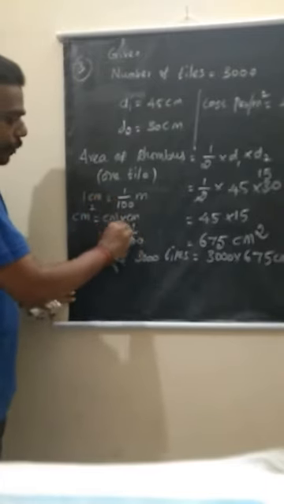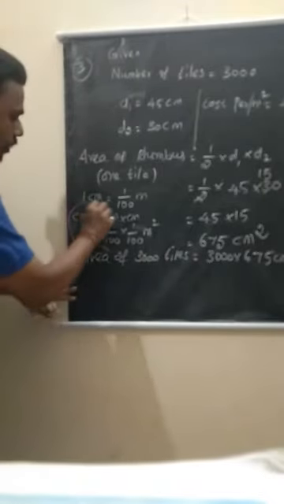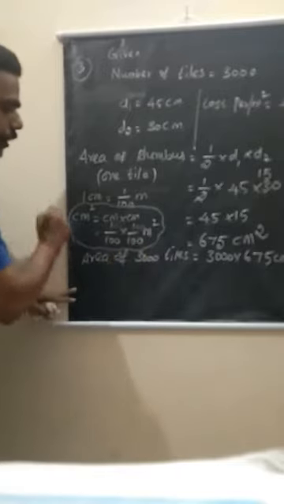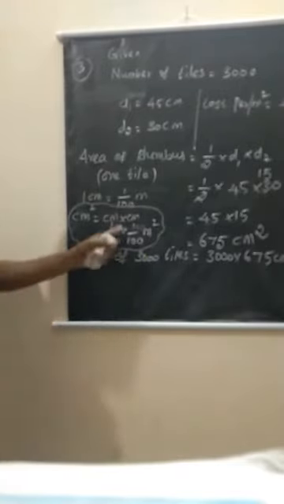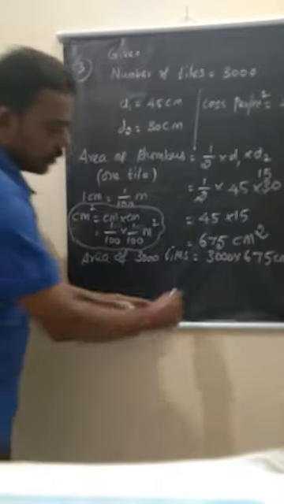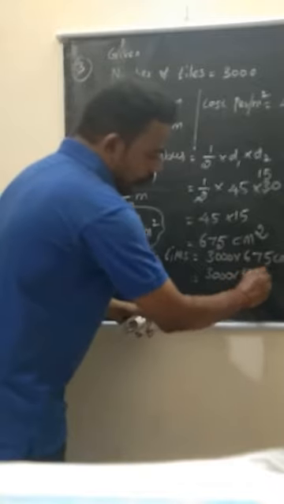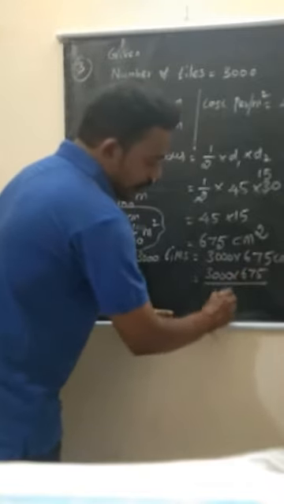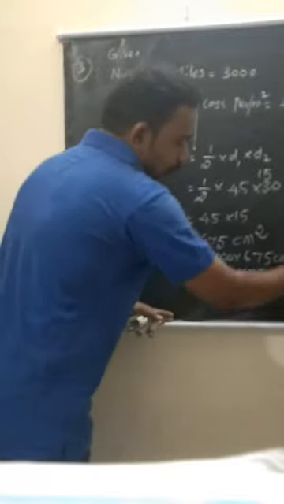So we can write it directly, it's meter square. So this is the important point. We need to convert centimeter square into meter square: 1 by 10,000 meter square. So we need to divide by 10,000. So that is 3000 into 675 divided by 10,000, centimeter square changed to meter square.